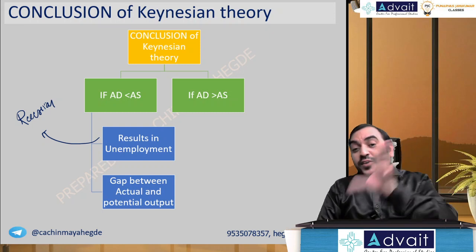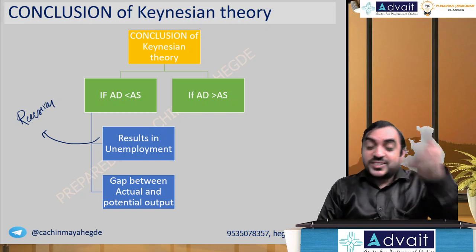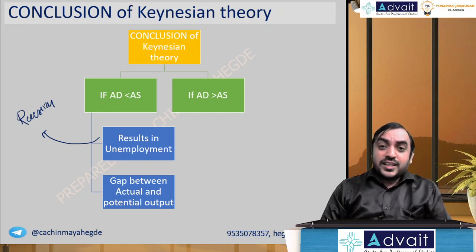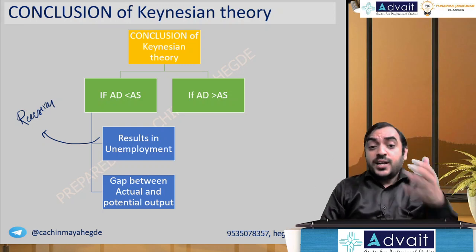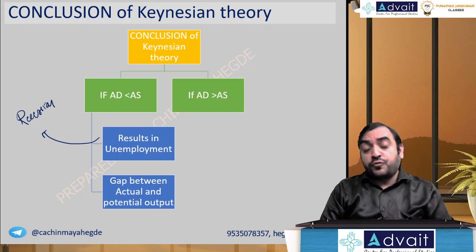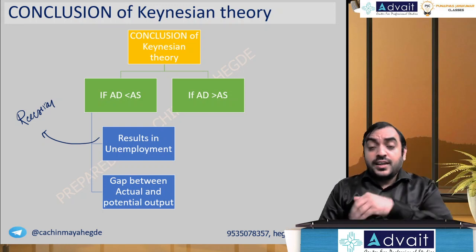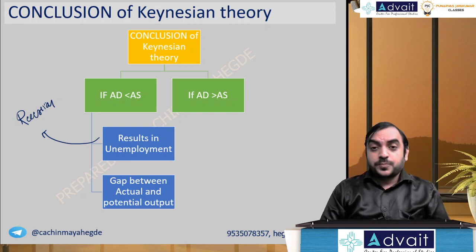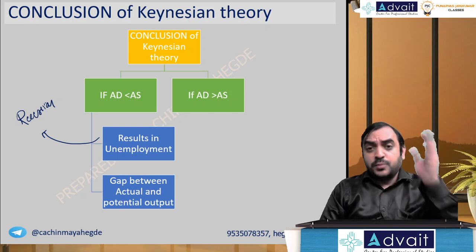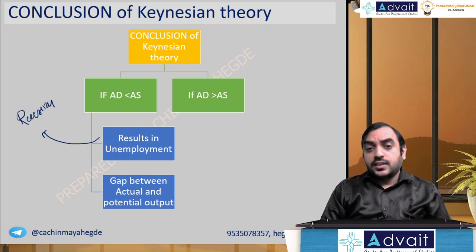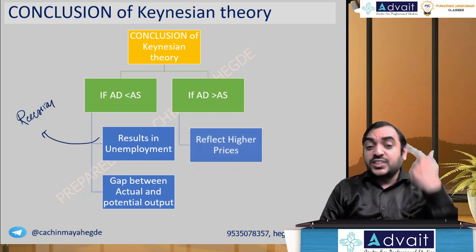Now think the other way around. If demand is more, supply is not there. It happened during the Corona stage also. So much demand for food, for storage items, vegetables, fruits, milk. So when demand is there, supply is not there, then the price will increase.